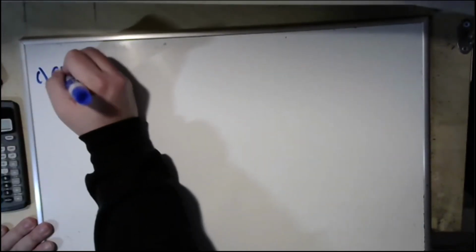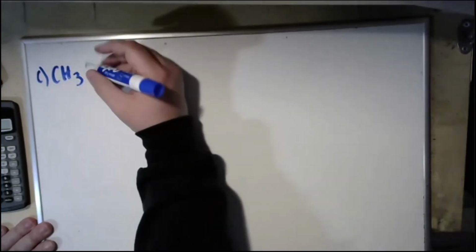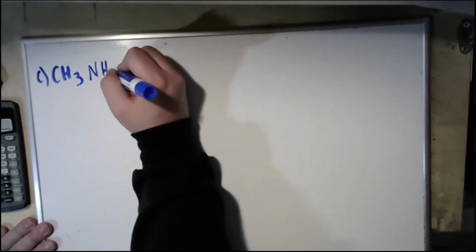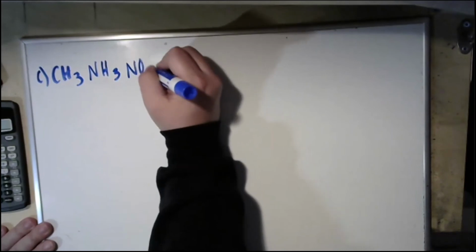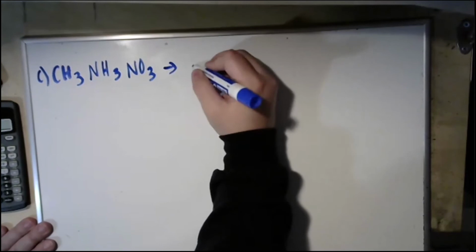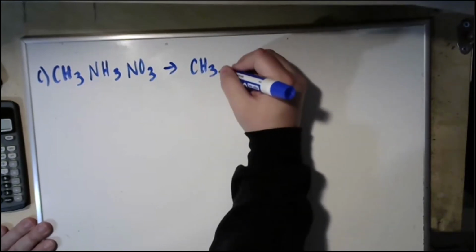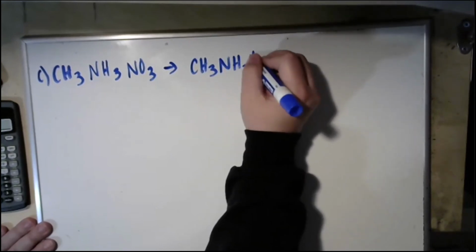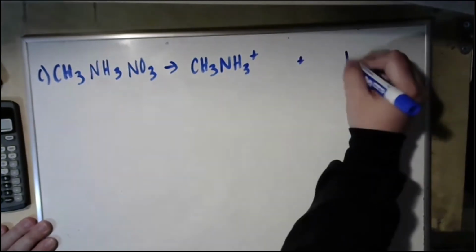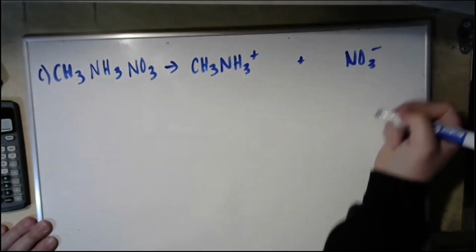Okay, so the next one is CH3NH3NO3. This is going to break up into CH3NH3 plus and NO3 minus.